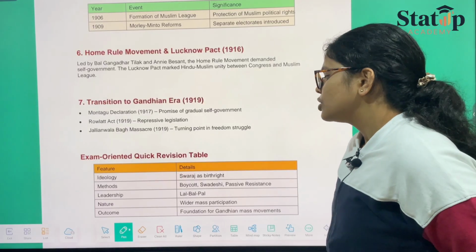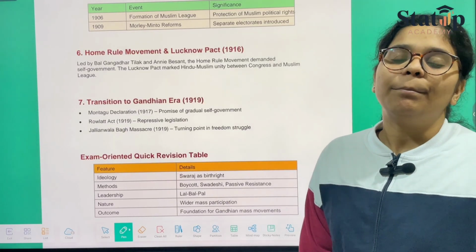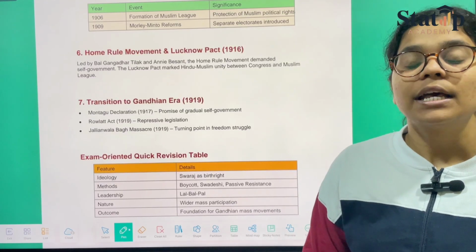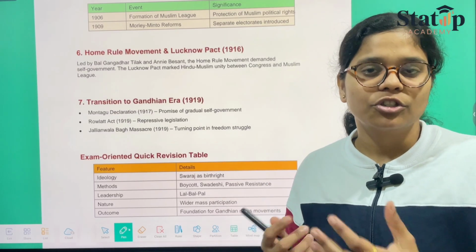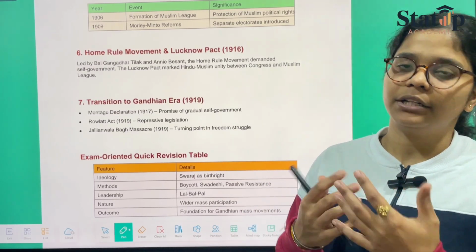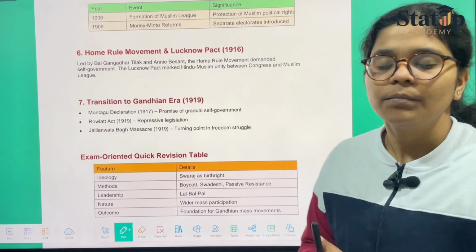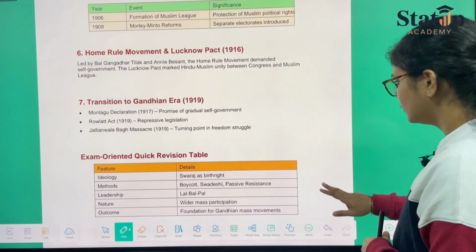The leadership was Lal Bal Pal, and the nature was inclusion of the mass movement, that is, mass participation, because we know that the one thing that could deprive the British government of its motto was the mass movement. The outcome was the Gandhian era and Gandhiji. All movements then came forward, and then we started.